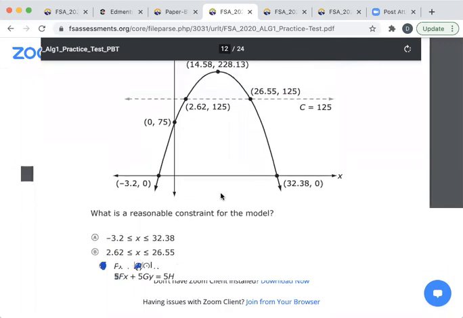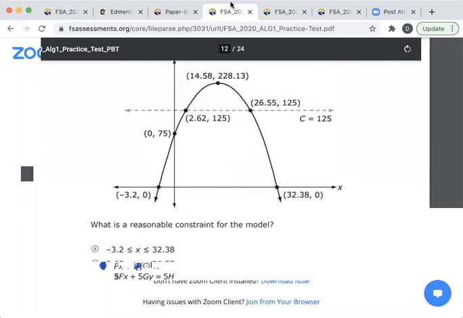And I'm going to scroll down just so we can see the answers. So right here's the line, and we need to keep the cost at or below that. So obviously we're not going to have a negative cost. So it's going to start at 0.